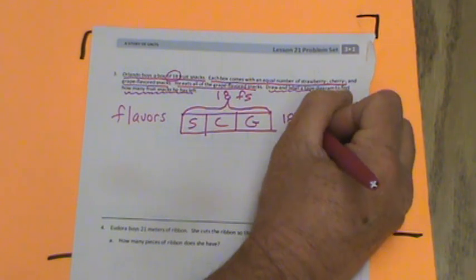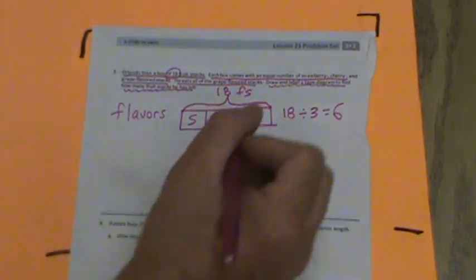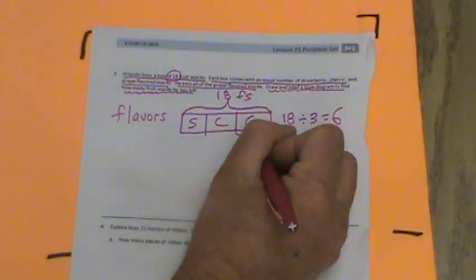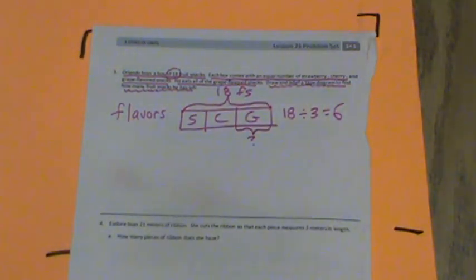So we know 18 is one of the numbers we know, and we're going to divide that by 3. Well, let's figure this out. 3, 6, 9, 12, 15, 18. Looks like it's going to be 6, okay? So we have that down. Now, our 6 in each box is grape. That's going bye-bye. Remember, I think he eats all the grape, doesn't he? Yeah, he eats all the grape flavored snacks.